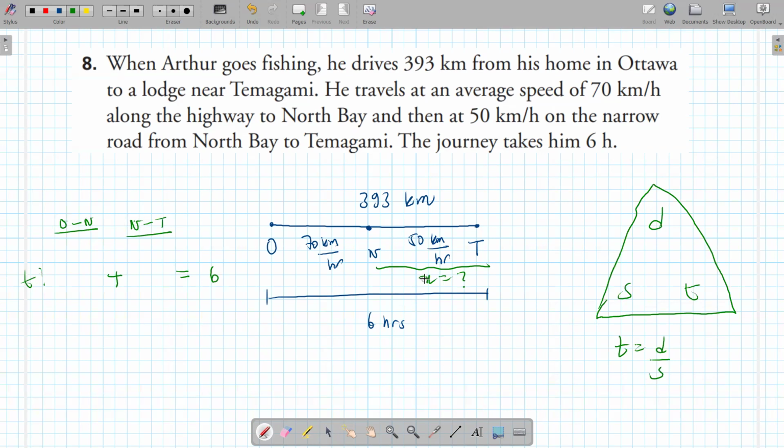If this is x, what is the distance from O to N in terms of x? 393 minus x. Right, 393 minus x. So what's the time it takes for him to go from O to N?